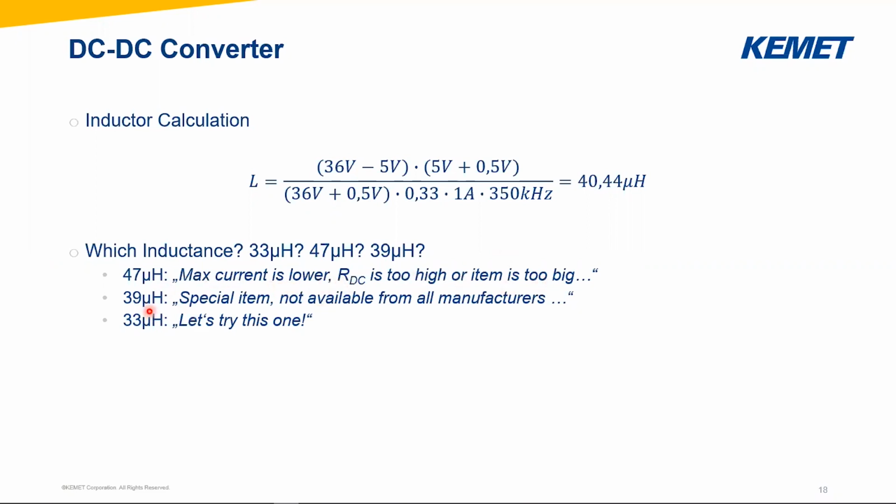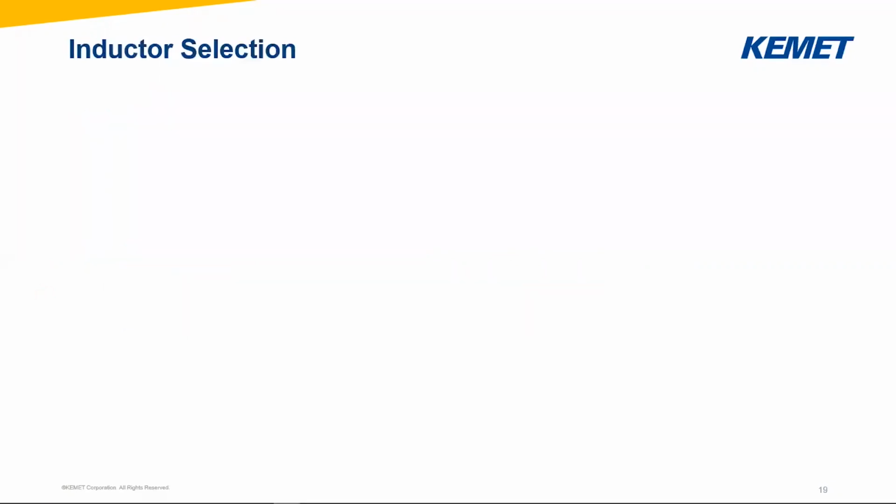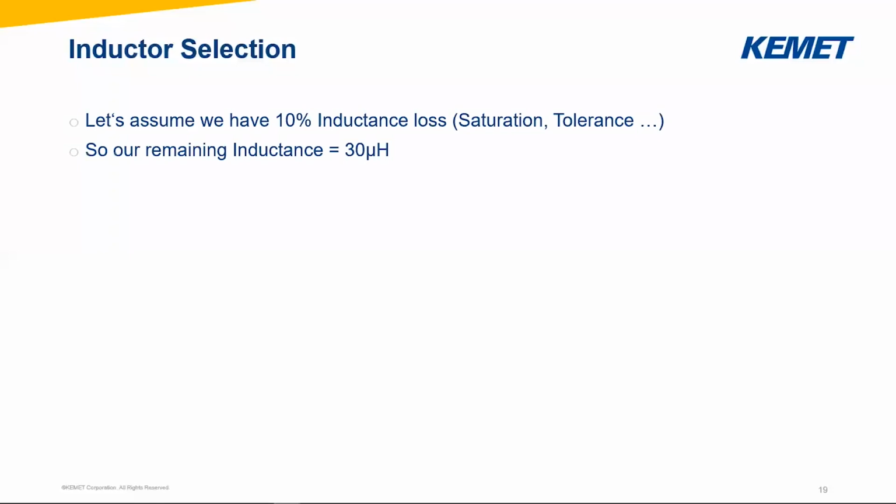The 39 microhenry is a special item. It is not available from all manufacturers. So let's try the 33 microhenry because we have this in our warehouse. This is the first step someone might think. Now, let's assume we have 10% inductance loss due to saturation or tolerance.